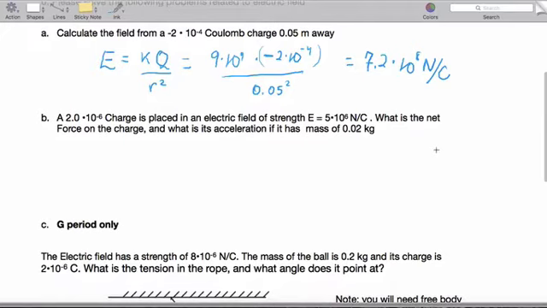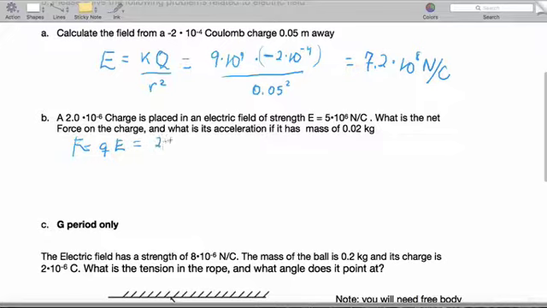Now, we've got a 2 times 10 to the -6 charge placed in an electric field with this strength. We want to know the net force on the charge and its acceleration if it has this mass that's given here. When I give you an electric field strength like this and a charge, you can simply use the formula F equals Q times E. I meant this to be positive 6 there.